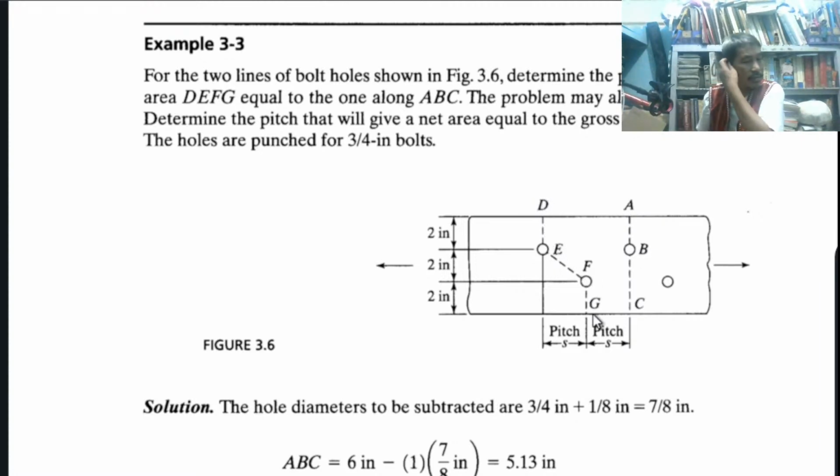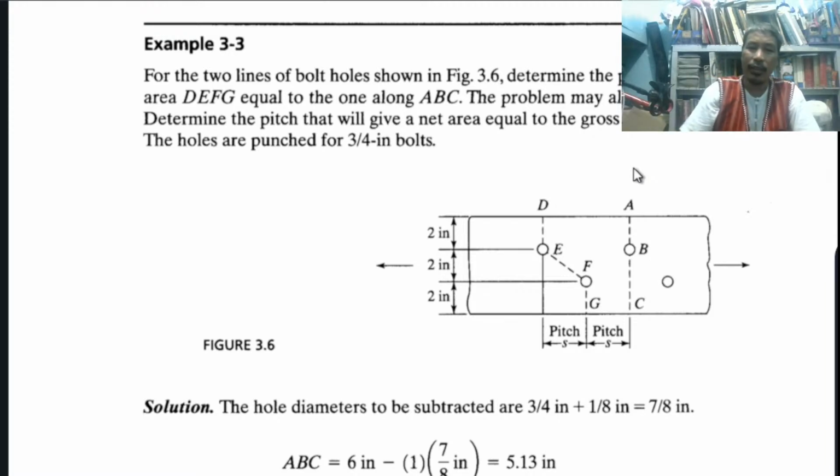This is a very good problem solving. So therefore, we know that there are 2 inch, 2 inch, 2 inch dimensions. The thickness is not given, but we will only compare the length, because the thickness for either path is equal.